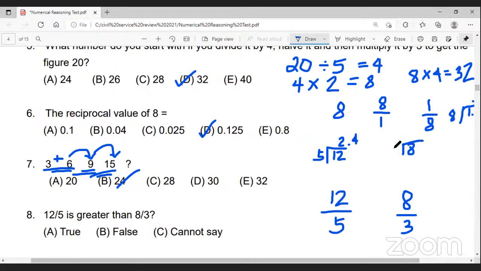This is one way to compare the two fractional numbers. We still have 2 also in the whole number.